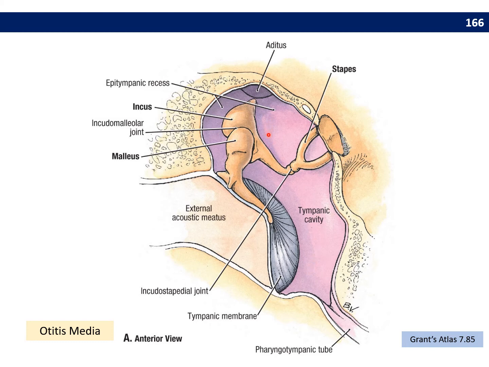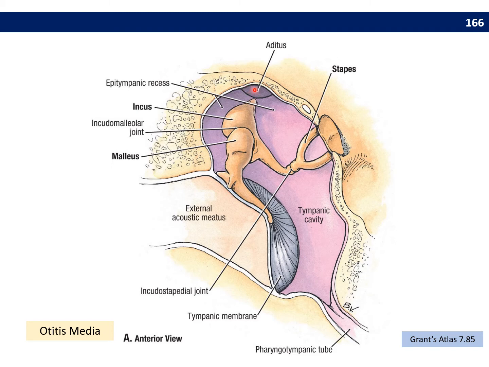This middle ear cavity is innervated by the glossopharyngeal nerve. And then here is that pharyngotympanic tube, or auditory tube, that leads towards the posterior nasopharynx. Okay, so this is the tympanic cavity, and the top part is the epitympanic recess.